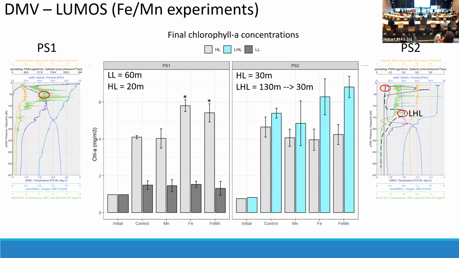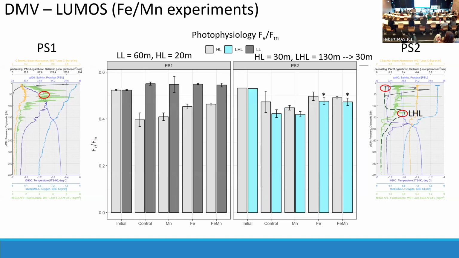If we look at this plot, in that case we are still on the high light. The top one was incubated at high light, and the blue one is what I call low-high light, the one from the deep that was brought back to a higher light level. We didn't have any significant difference, although we can see a trend of increase in chlorophyll with the iron addition.